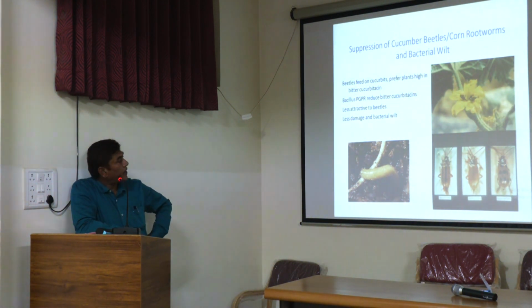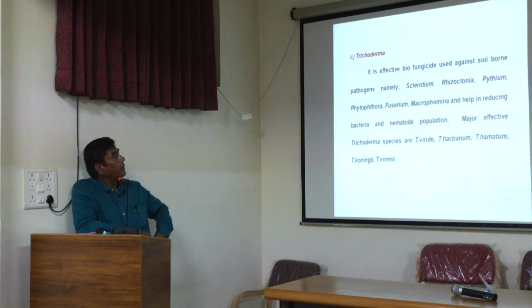One more important thing, Bacillus subtilis, due to PGPR, reduces the bitter cucurbitacins. This bitterness is avoided by the PGPR activity of Bacillus subtilis, and it also reduces the bacterial wilt.